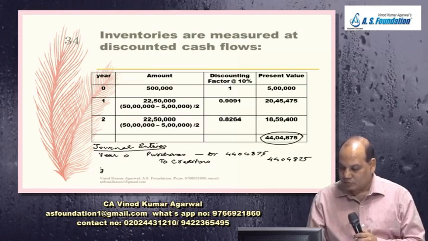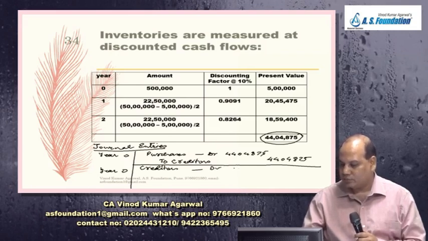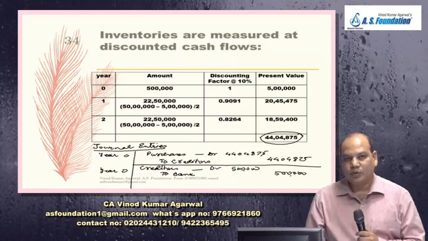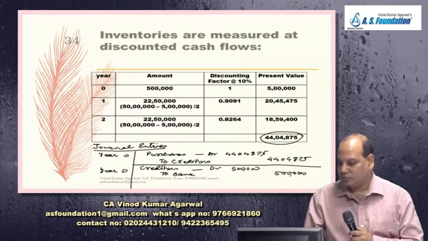In year 0, we will pass one more entry. Creditors account debit 5 lakh to bank account 5 lakh.